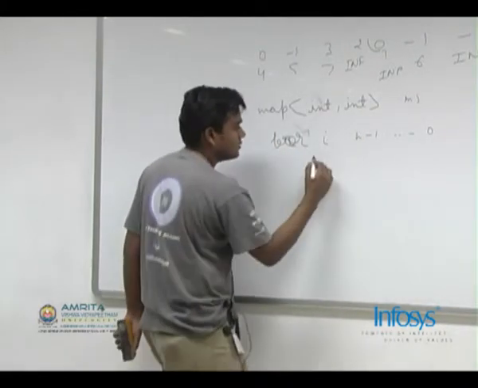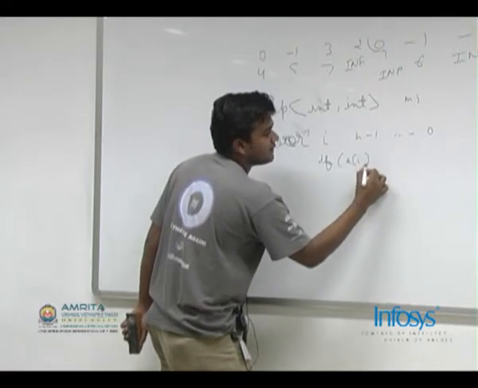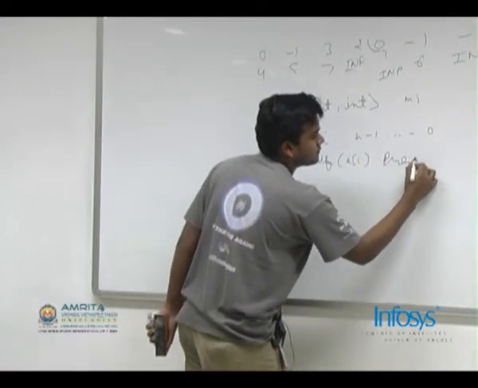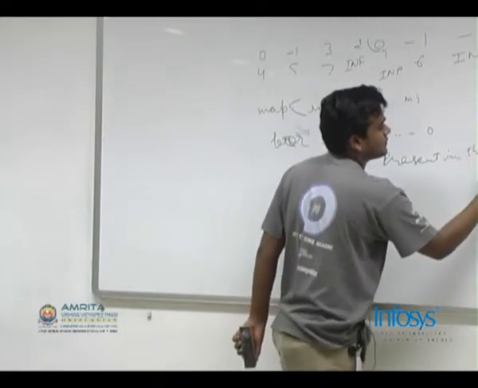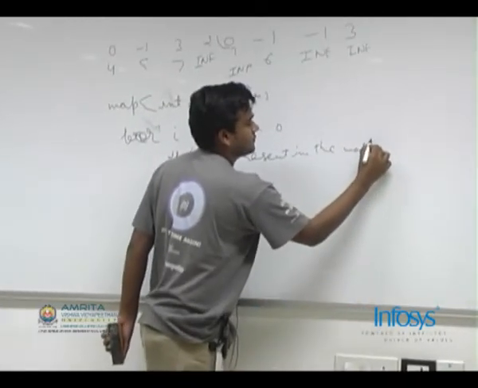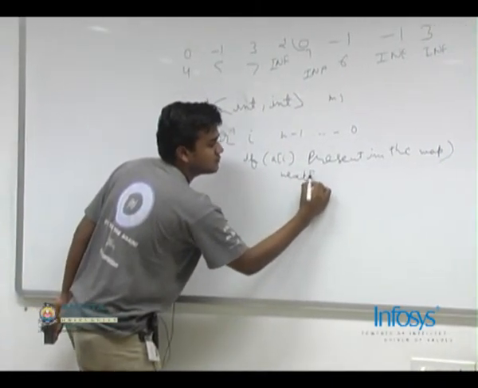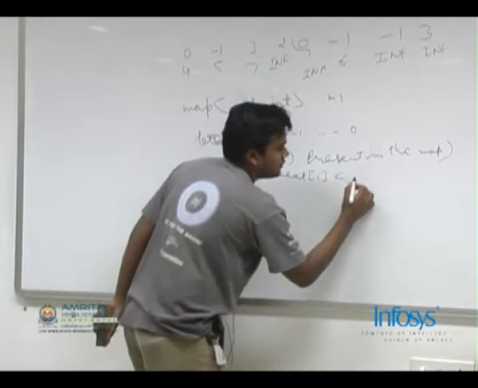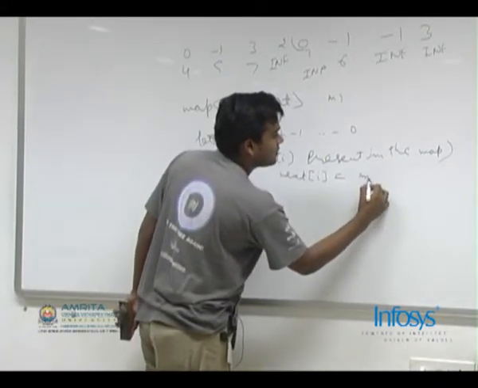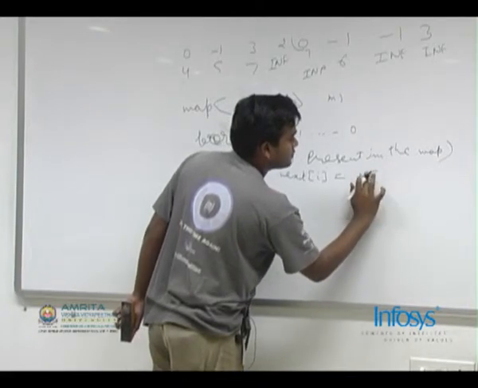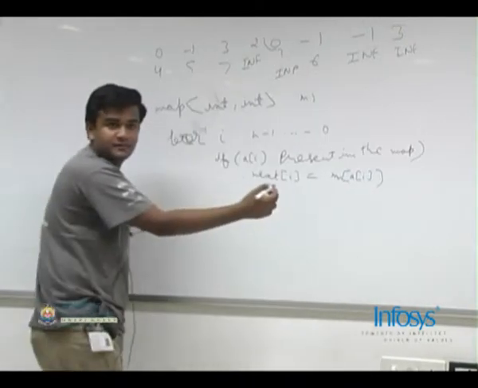I will see if A of i is present in the map, then next of i, that position would be stored in the map, will be M of A of i, right?